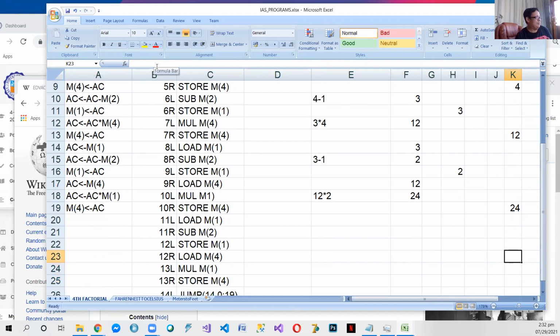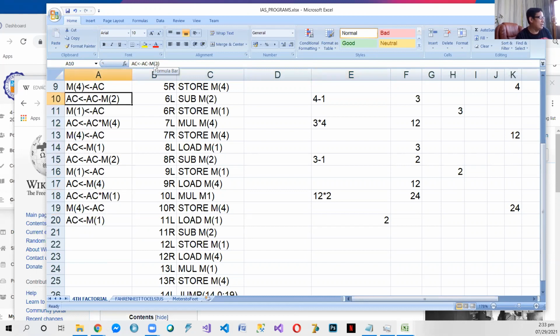Load M1. AC receives M1, or M1 goes to AC. What's M1? 2. Now we are doing this to compute the next multiplier. Sub M2, so AC receives AC minus M2.